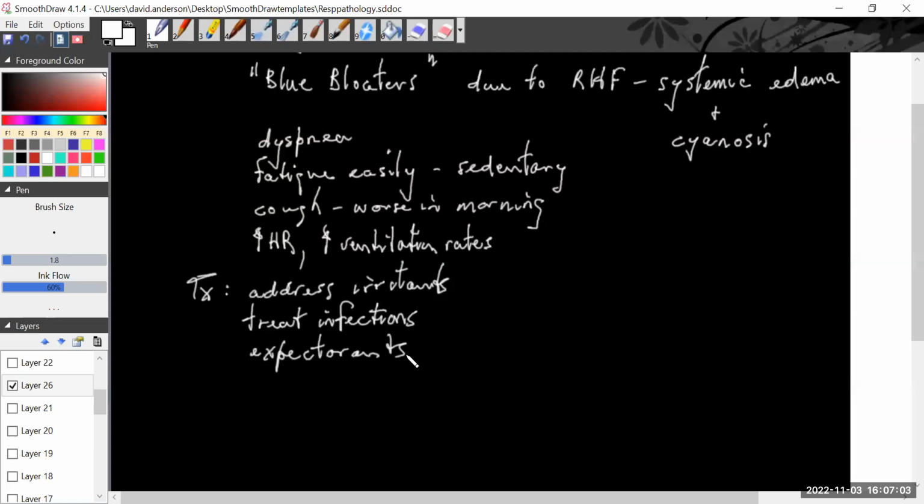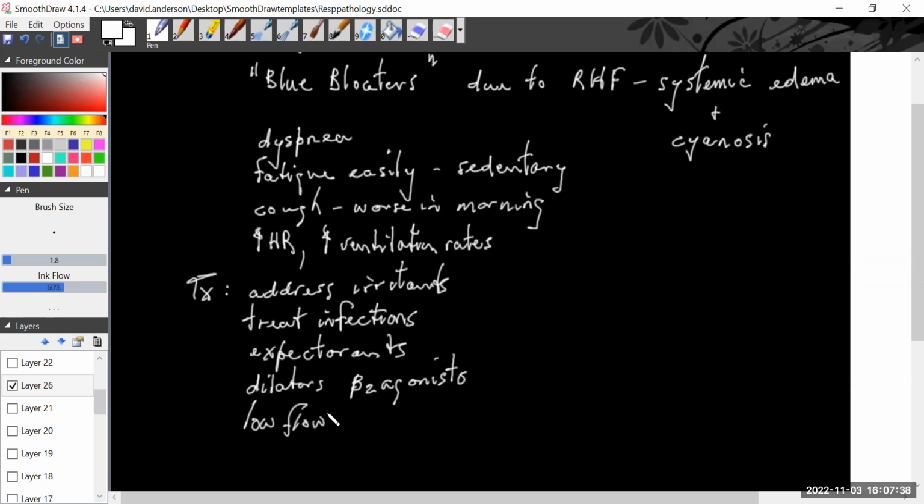Expectorants are a class of medications that help you expel, get rid of that phlegm, that mucus buildup in the lungs. Dilators, again, go back to your beta 2 agonists. Everybody's good with agonist versus antagonist? Yes? No? Yes.